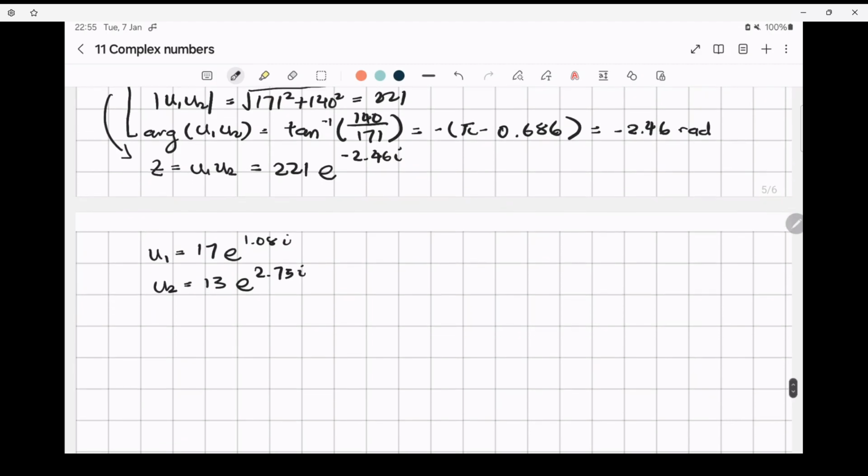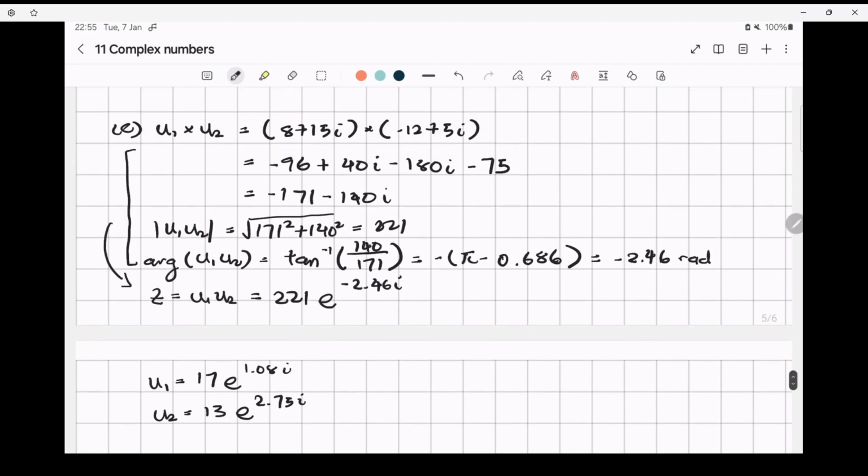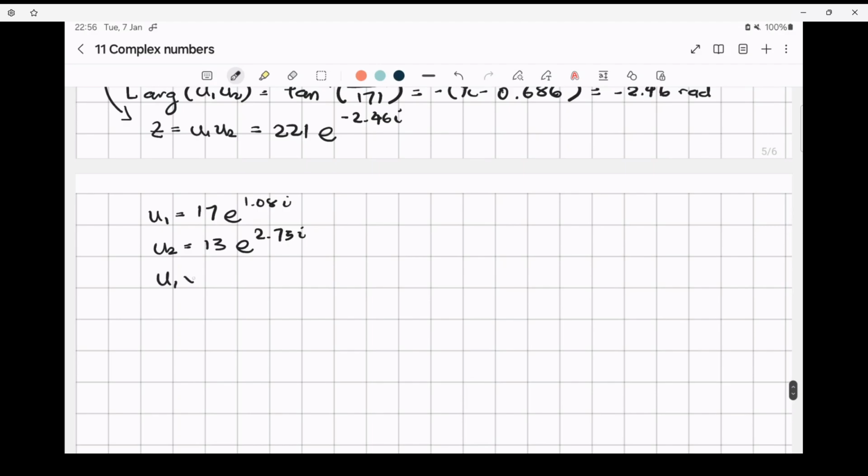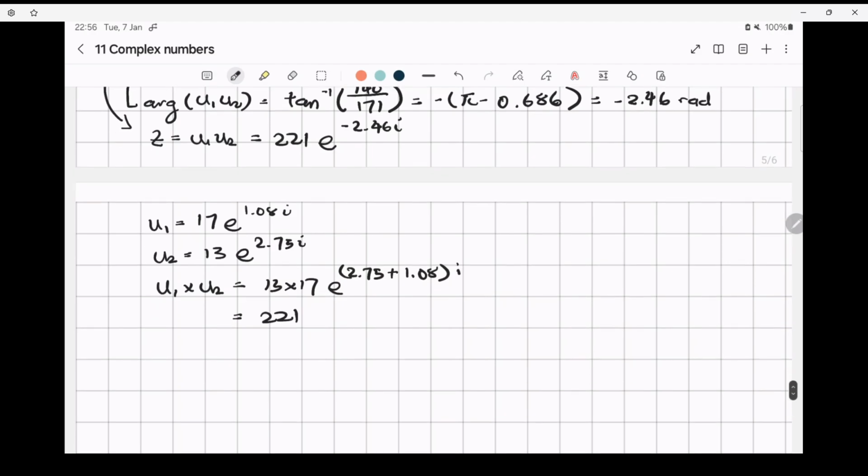Can we make use of this to quickly find out what U1 multiplied with U2 is? So U1 multiplied with U2 would be 13 times 17 e to the 2.75 plus 1.08 i. After you do the multiplication, you find that this is 221 indeed.